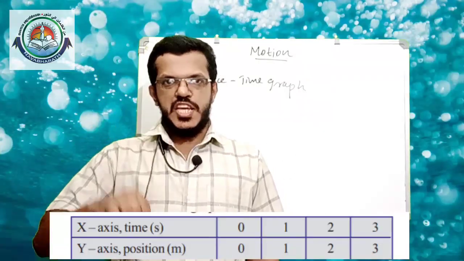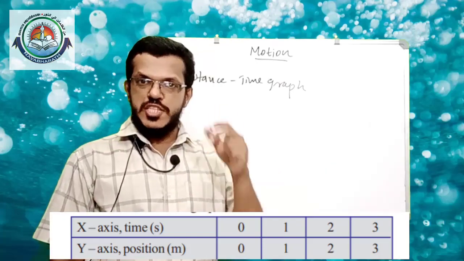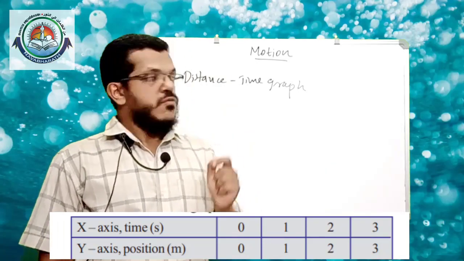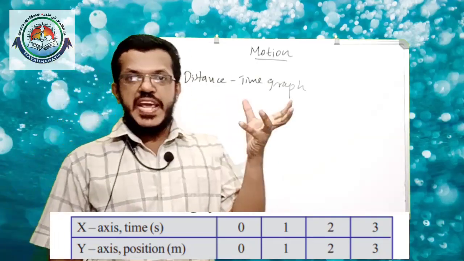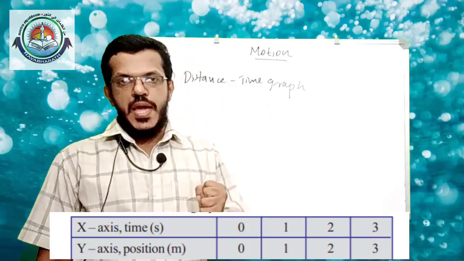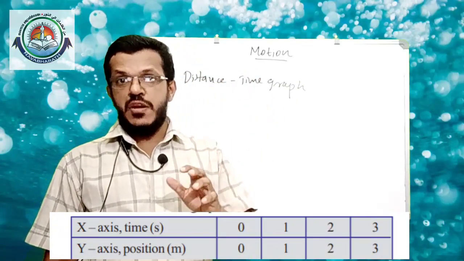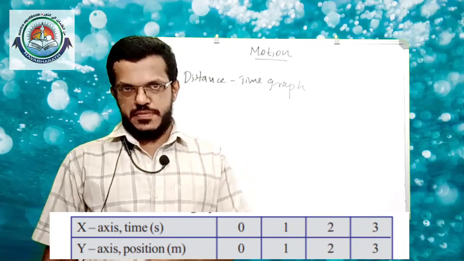Okay, observe the table given on the screen. To draw this distance time graph, we take time on the x-axis and position or distance on the y-axis.